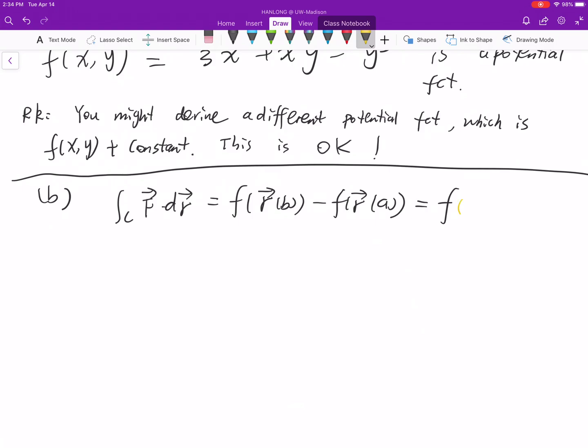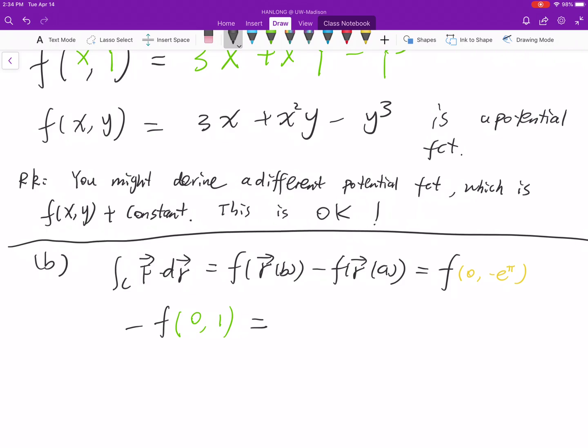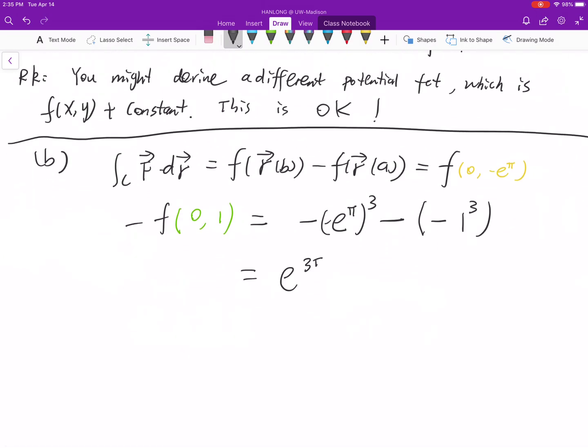Okay, so here you have f of 0, negative e to the pi minus f of 0, 1. So recall f is given by this, so you have negative e to the pi cubed minus negative 1/3. So e to the 3 pi plus 1. This is the final answer.